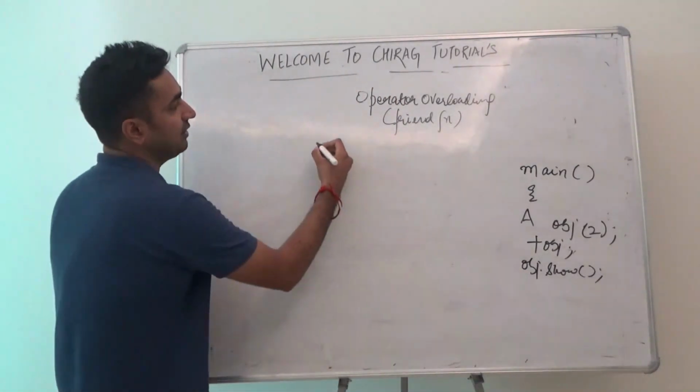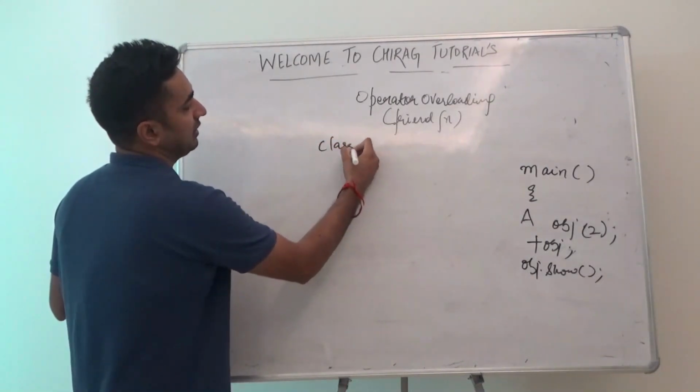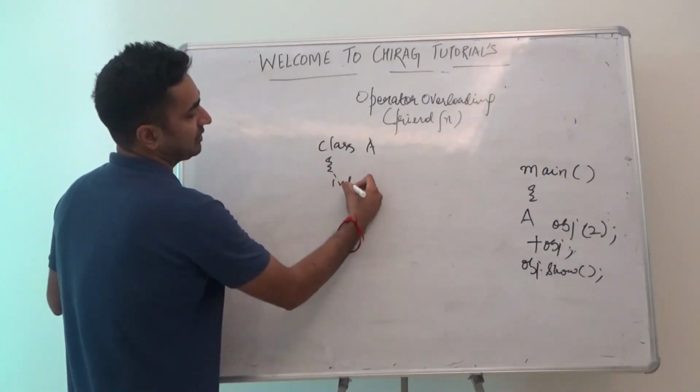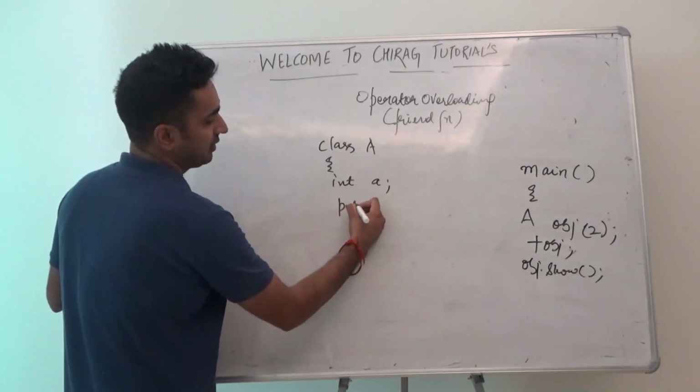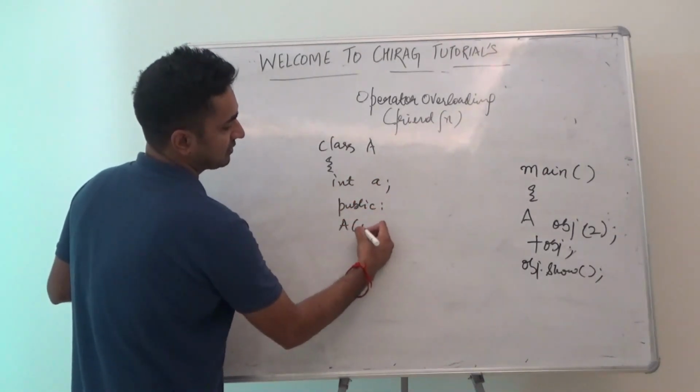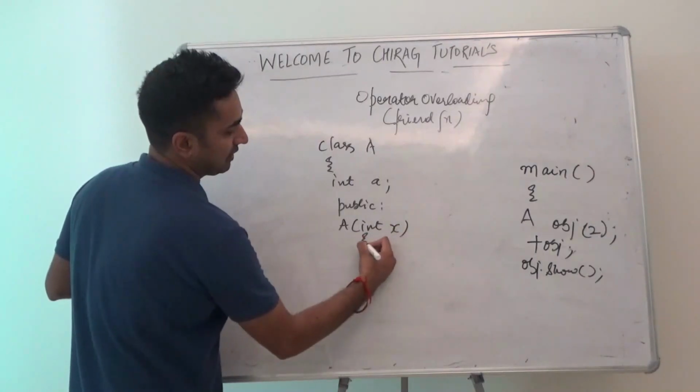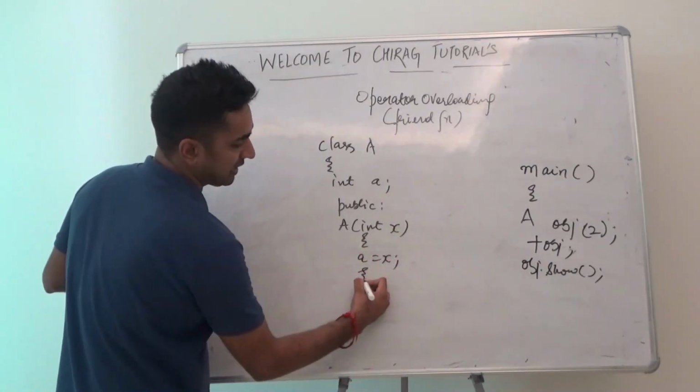You have written plus obj. It means firstly what we'll do is we'll create a class A. We have to create a parameterized constructor: int x is there in public, and a value is assigned as x.